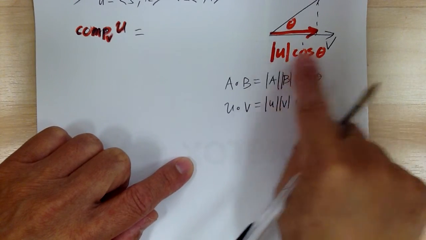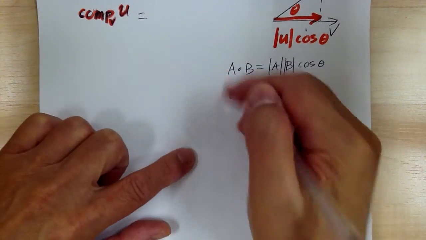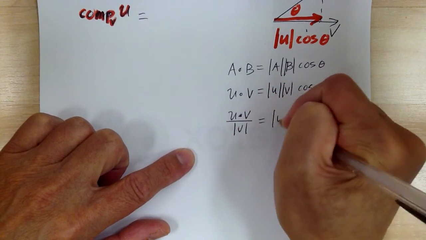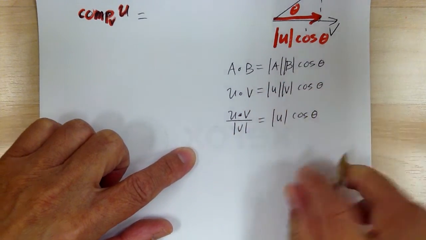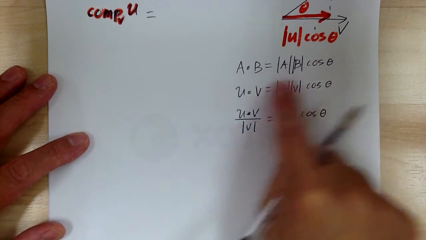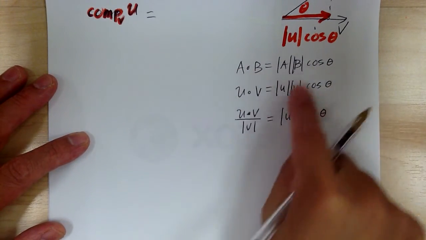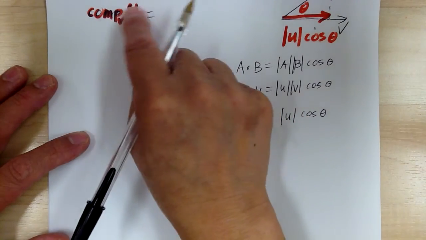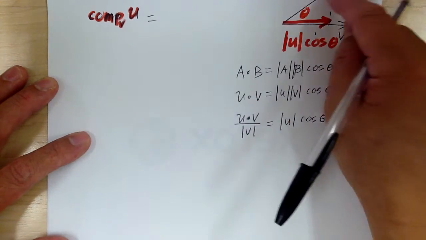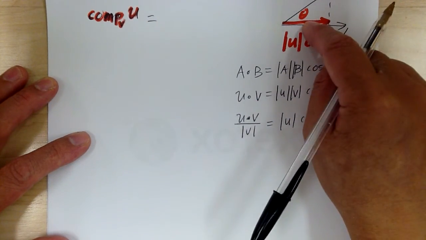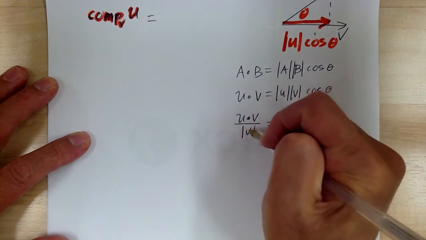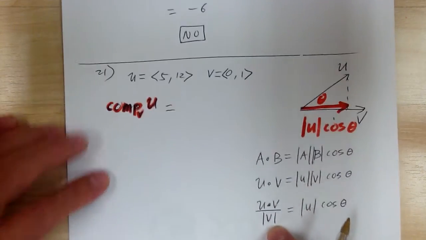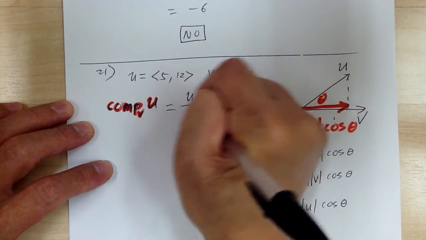So if you substitute, u dot v equals the length of u times the length of v times cosine theta. If you're looking for the length of u times cosine theta, you have to get rid of the length of v. So you've got u dot v over the length of v equal to the length of u cosine theta. You need to know this equation, and you go from there, knowing how to move things around. The way to remember is that the component of u on v, the projection of u on v, is just the dot product over the length of v. Again, you want a shadow on v, so this is equal to u dot v over the length of v.